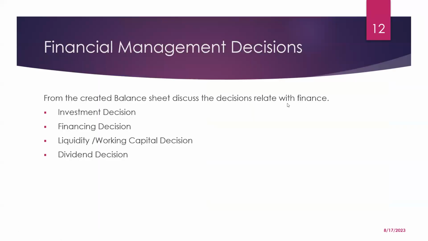I hope you get a clear understanding about the assets, liabilities and owner's equity, how the balance sheet impacts the business, and how you can read a balance sheet to get information, and how these assets, liabilities and owner's equity can be categorized.